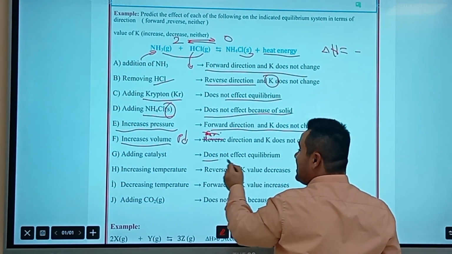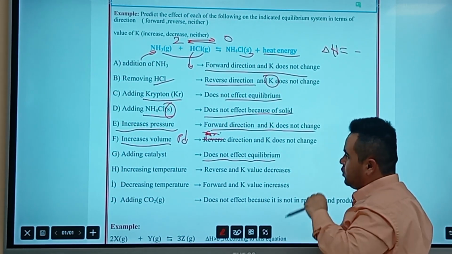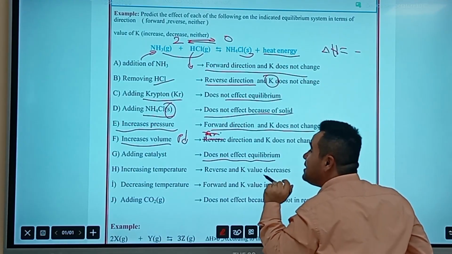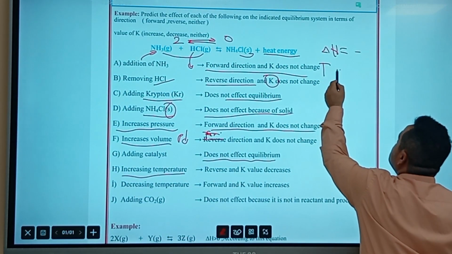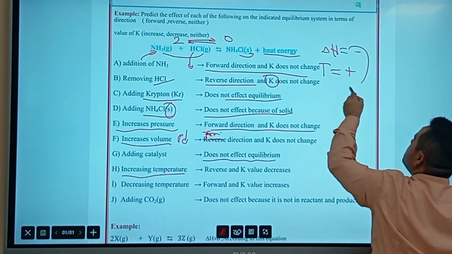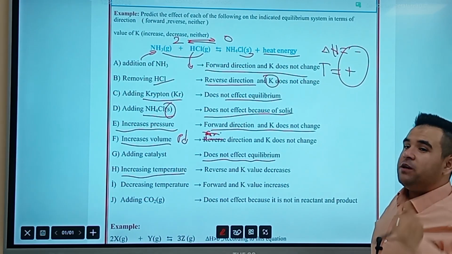Adding catalyst does not affect the equilibrium system. It does not change the position of the equilibrium. Increasing temperature means T is positive. These two are opposite, so reverse must be favored.